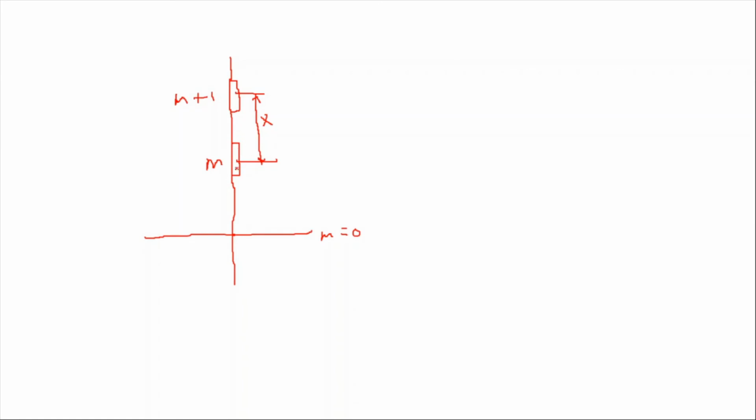So let's calculate the distance from the center to this fringe, and the distance from the center to this fringe. To locate x, x is going to be equal to y m plus 1 minus y m. Assume these are the bright fringes. For the bright fringes we said that y bright is equal to m lambda d over a.